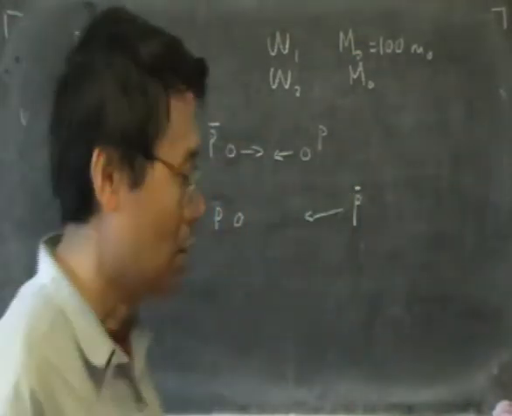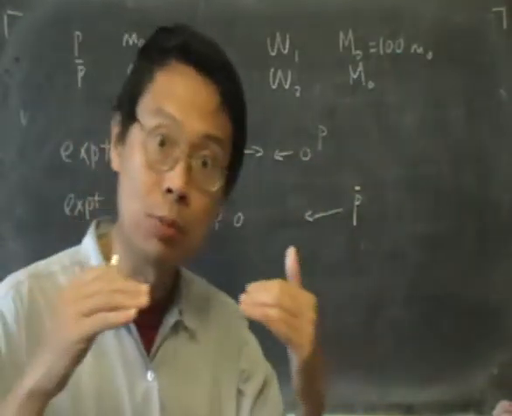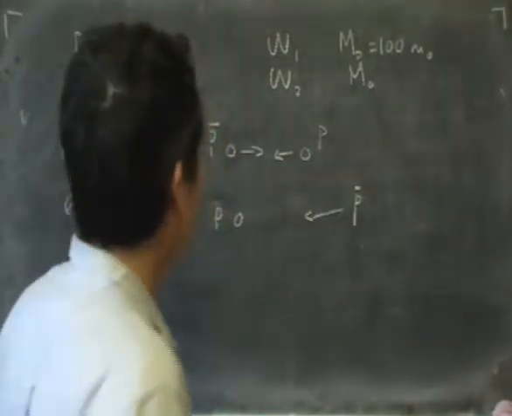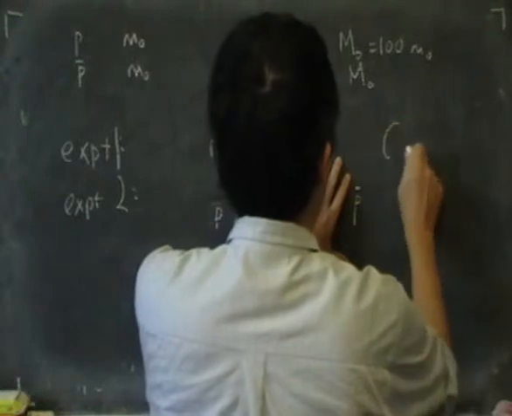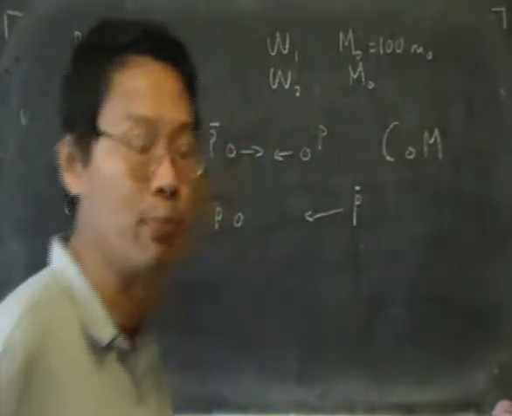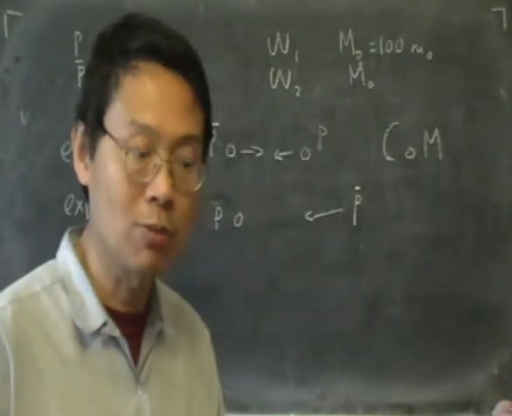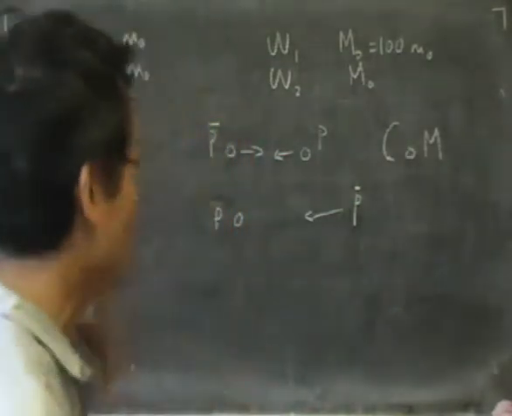This means that together, the center of mass of the two particles would be at rest, because the momenta are equal and opposite. So we call this the center of mass frame, in short, the COM. The center of mass frame means that in that frame the center of mass is at rest. We are in a frame that moves with the center of mass.